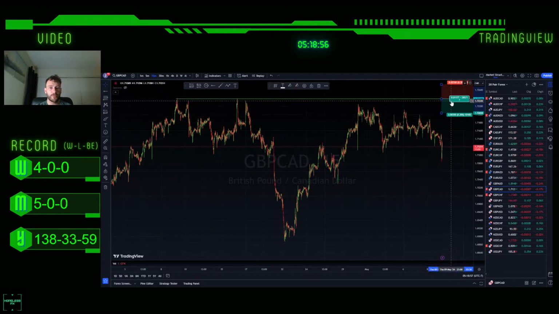GBPCAD, similar to EURCAD, has a limit sell at these levels, but obviously price looks like it's been rejecting away from this level for a while now, so we'll just keep it open.